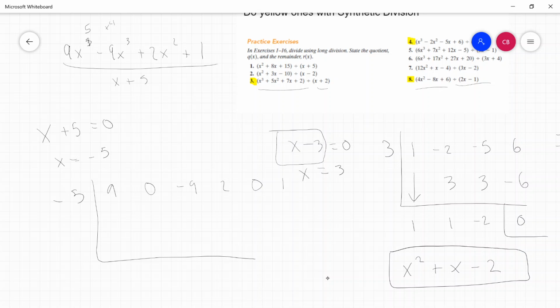So let me move this out of the way. Okay, so now let's conduct this. We drop this down, 9. 9 times negative 5 is negative 45. 0, negative 45, negative 45. Oh, this is going to be horrible.